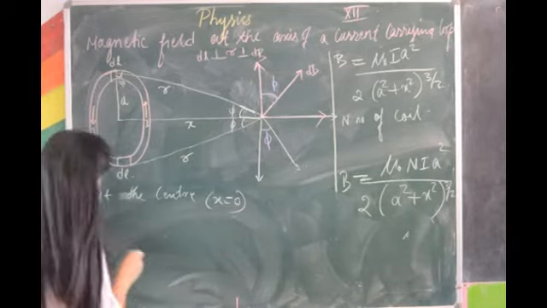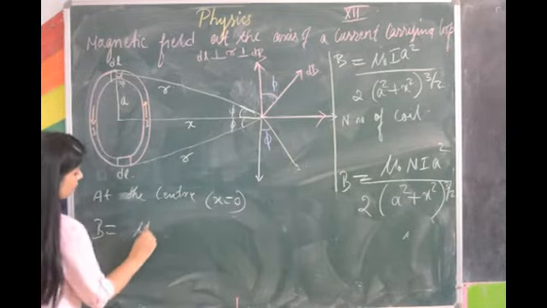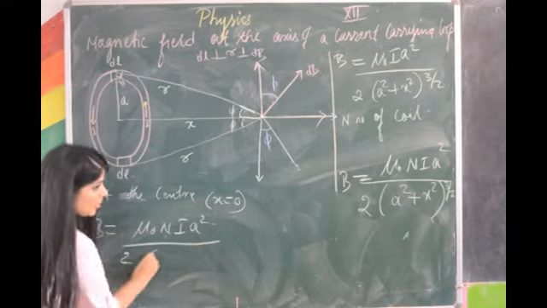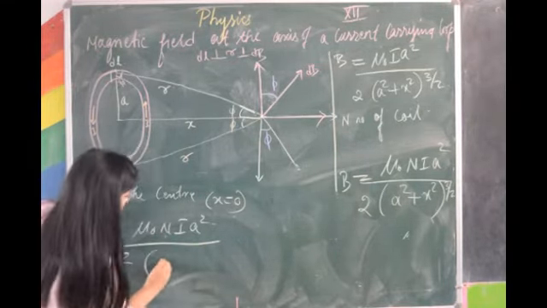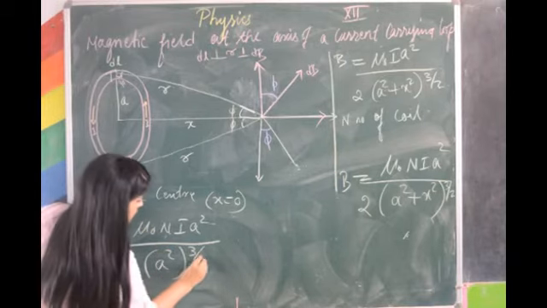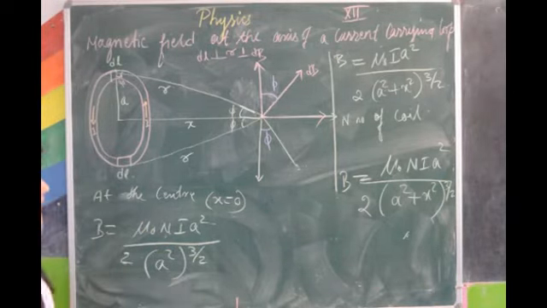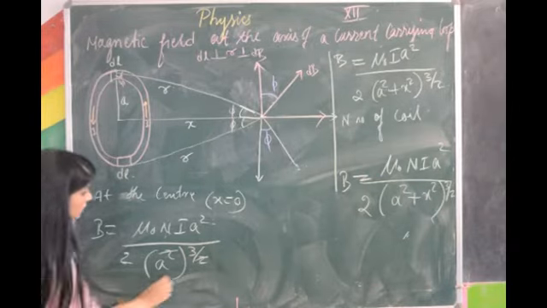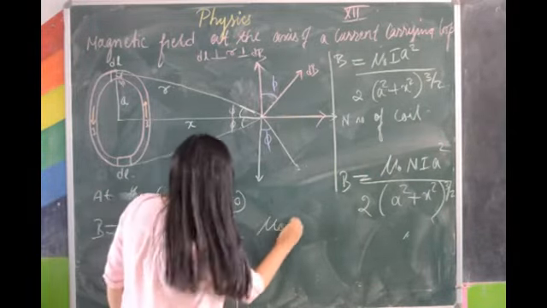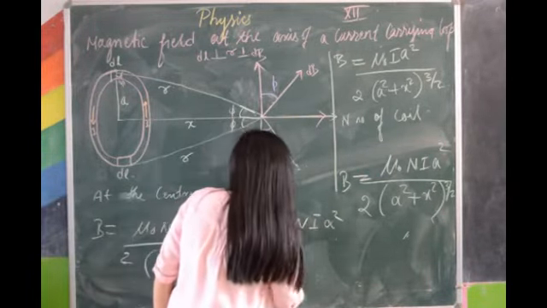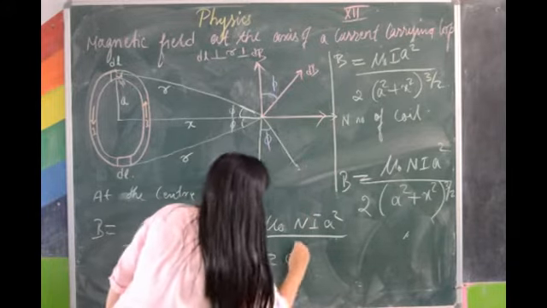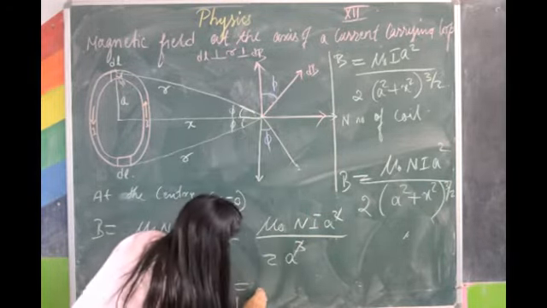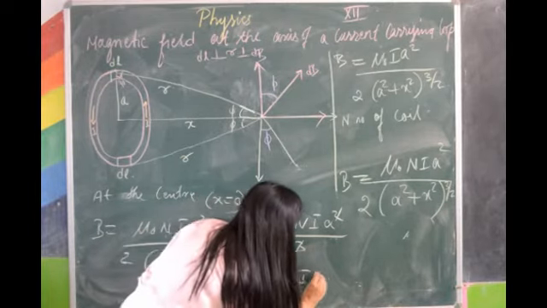So when x becomes 0 in that equation, in place of x it becomes 0, and the remaining part is A square to the power 3 by 2. So this 2 gets cancelled. This becomes mu naught n I A square divided by 2 A cube. And this can also be reduced like this. So your B ultimately becomes mu naught n I divided by 2A.